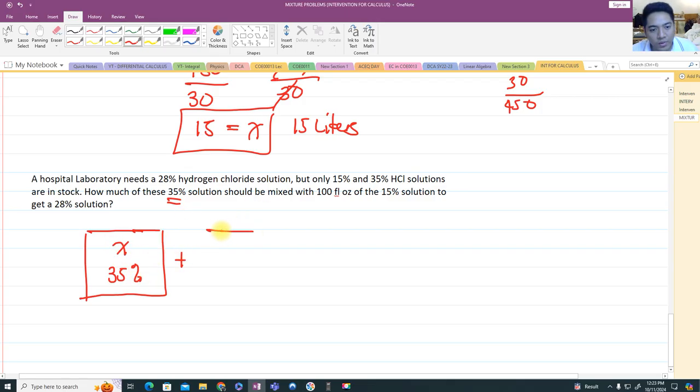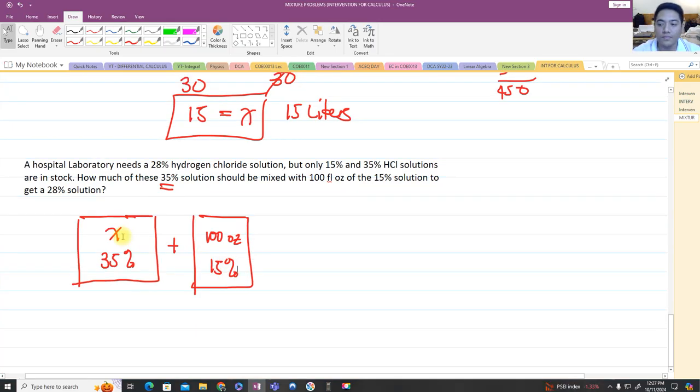Should be mixed with what? With 100 ounces of the 15% solution. So it should be mixed with 100 ounces of 15%.